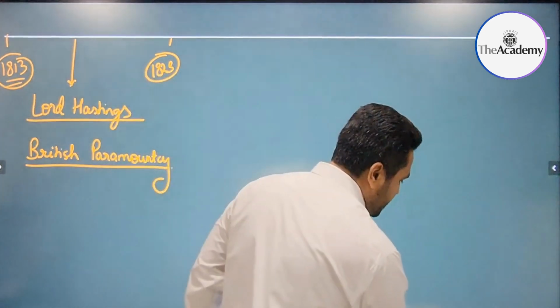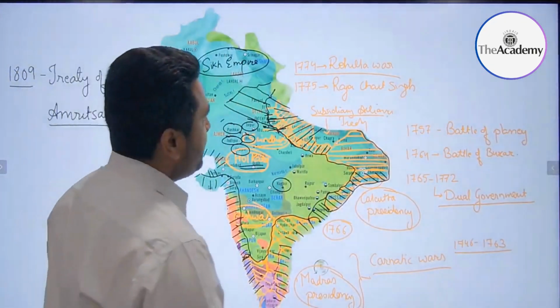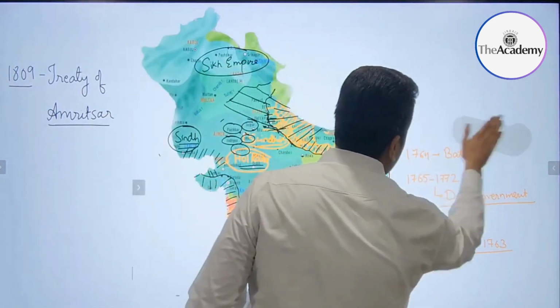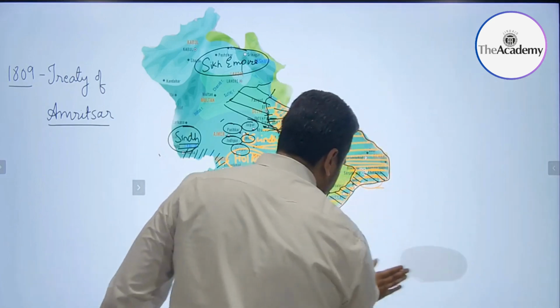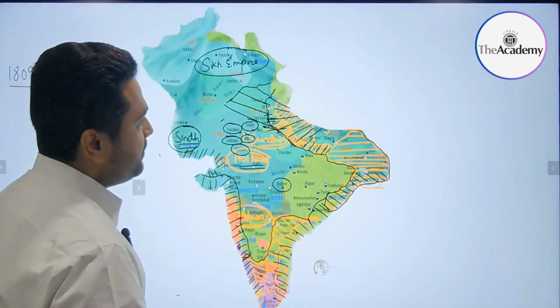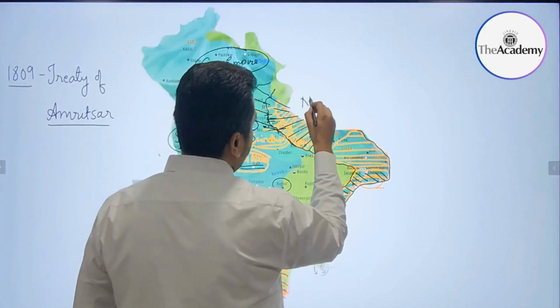Let us understand what happened. Now, when Lord Hastings came to India, we will see that the Britishers had solidly established themselves as a political power, but they started facing the threat from Nepal.